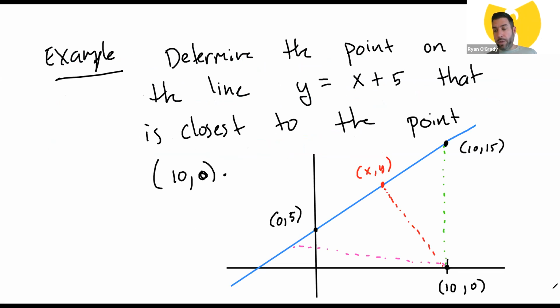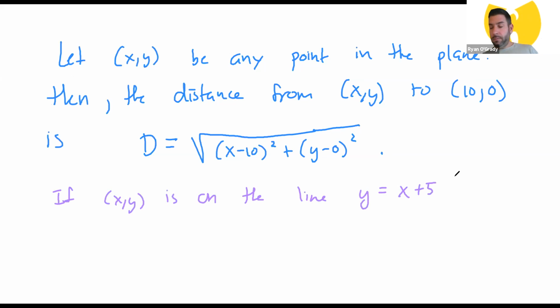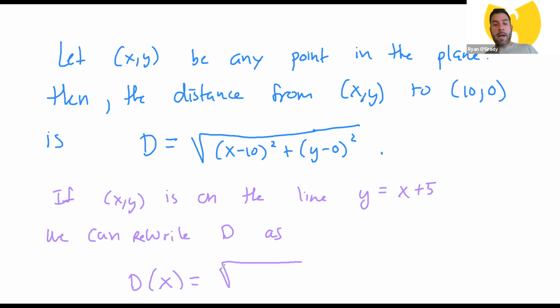So if x comma y is on the line y equals x plus 5, we can rewrite d as a function of x, because I can replace y with x plus 5.